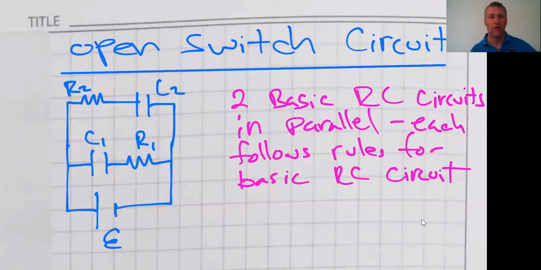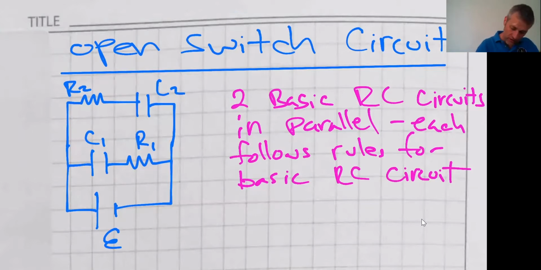So each one of those is going to follow the same set of basic rules that we already covered in the first part of the notes. So you can go back and look at what's happening here. Initially, the current through this bottom branch is going to be epsilon over R1.